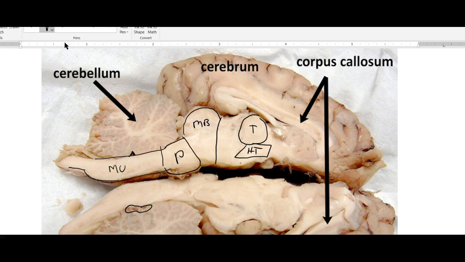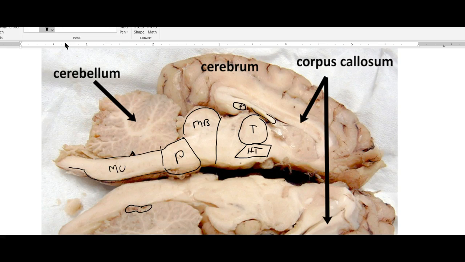Let's see, so we did thalamus, hypothalamus. Where is it? I don't want to label the wrong thing, and sometimes it looks a little funky. So it's this little nugget right here is your pineal gland. This white matter here is already labeled corpus callosum.